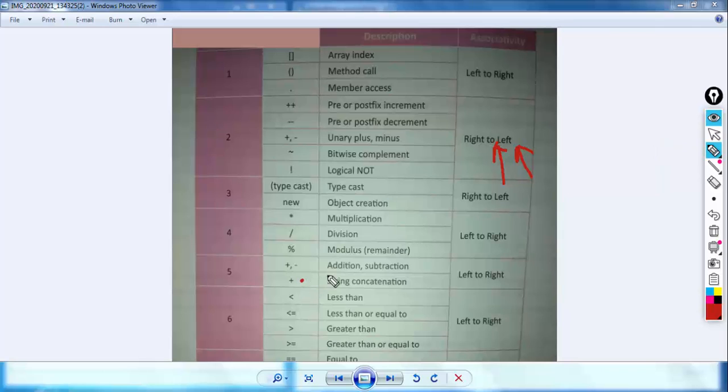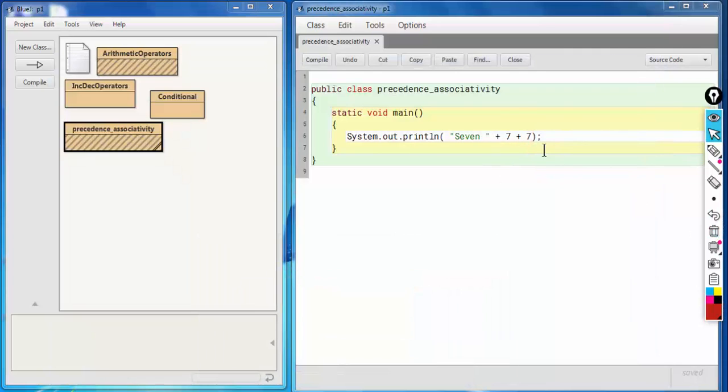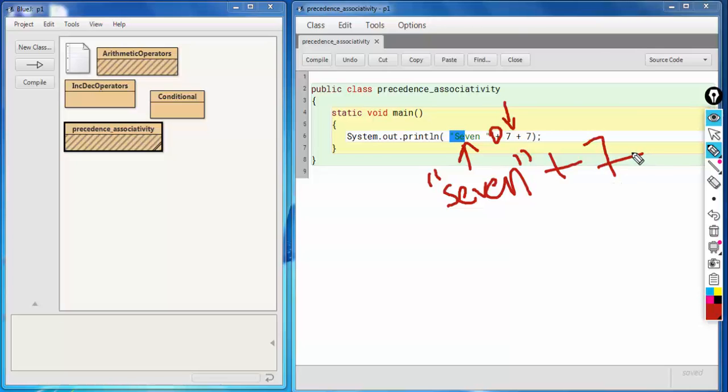See, this is the plus which we are talking about, okay? The concatenation operator. So this plus will be executed first. That means what? What are the two operands for this plus? First operand is this one, isn't it? 7, and second operand is this one, 7. Okay. Now, can you tell me what is 7 plus 7? Obviously it will not be 14, right?